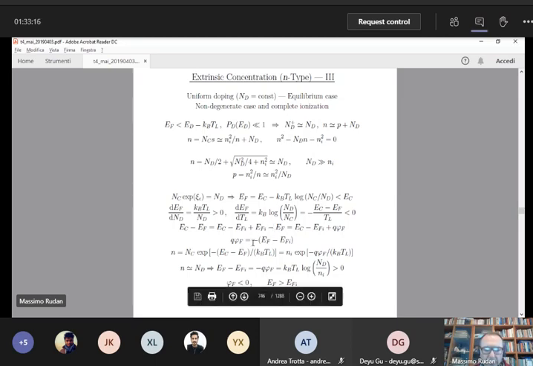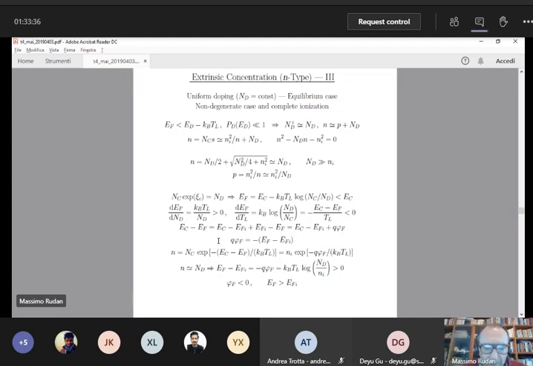Then you introduce a definition. The difference between the actual Fermi level and the intrinsic one with the minus is called Q phi F, where Q is the modulus of the electron charge, and phi F is a quantity whose units are volts, because you remember that an electric potential times the electric charge gives you an energy, okay?